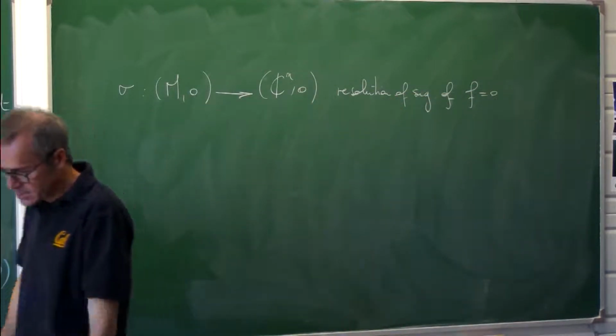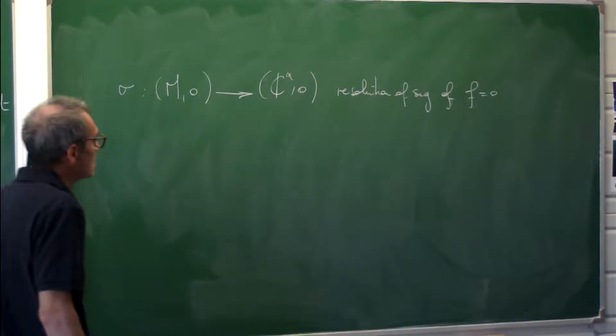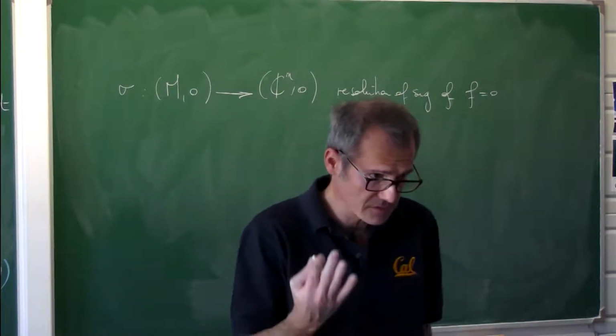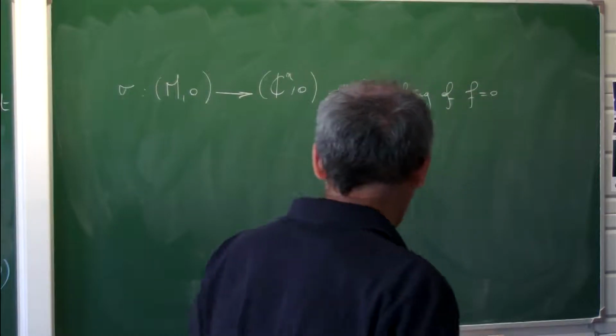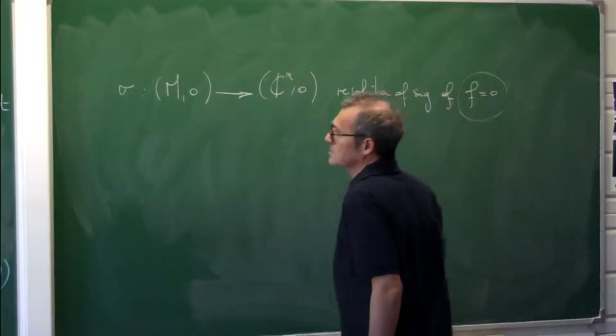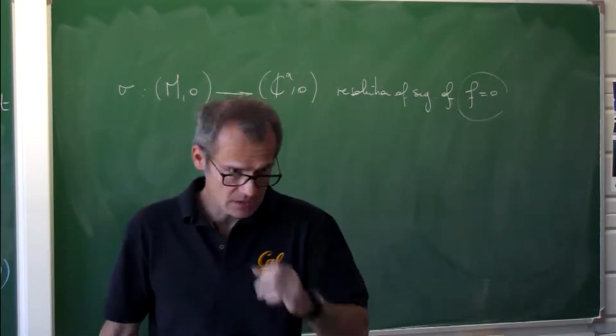And with exactly the same notation as Michel, we assume that sigma is proper and a birational isomorphism away from the singular set. So away from the white set, we have an algebraic isomorphism.